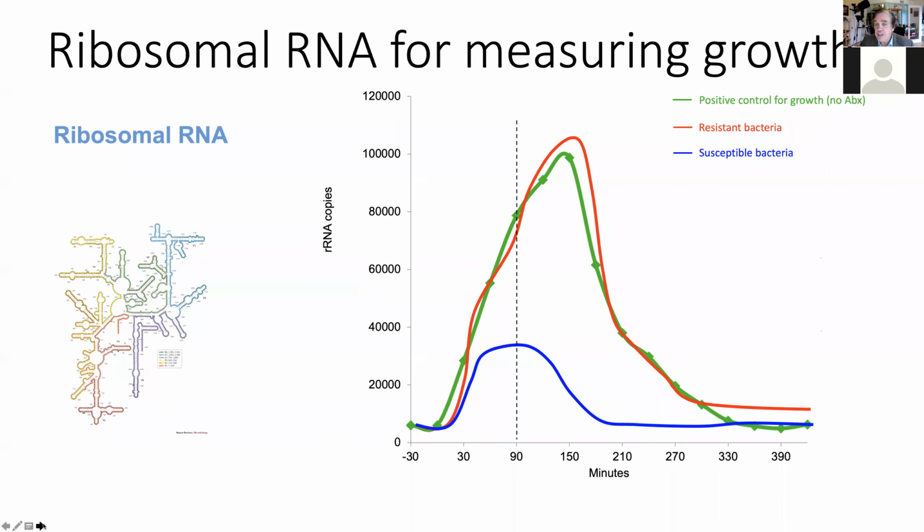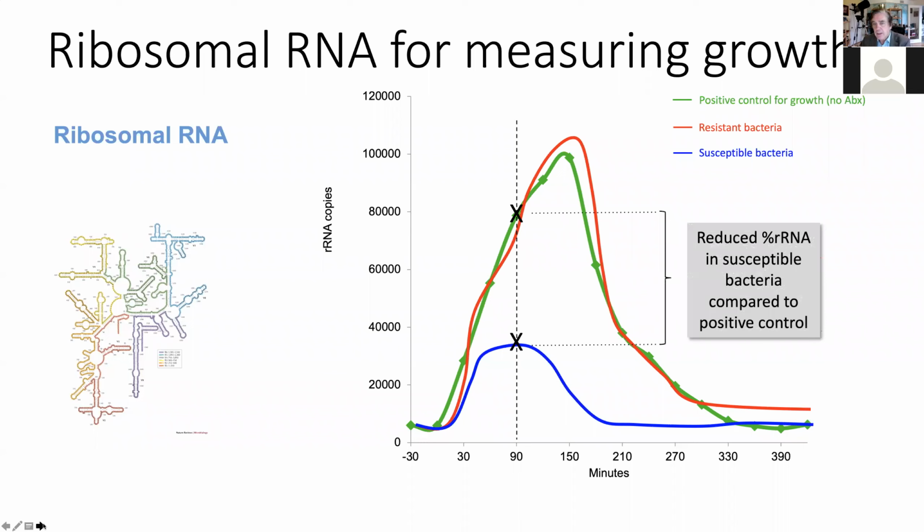So what is the measurement? The measurement will be after 90 minutes, which is an hour and a half, we have a reduced percentage of ribosomal RNA in susceptible bacteria compared to the positive control. So this is what you measure. You measure this difference.